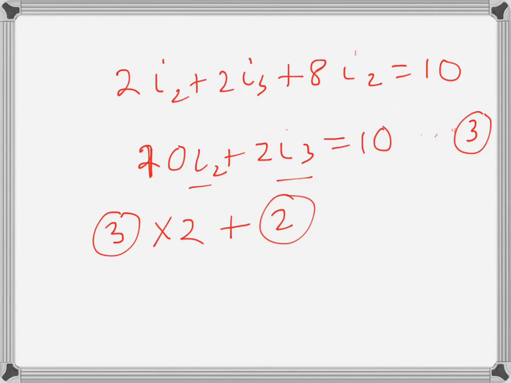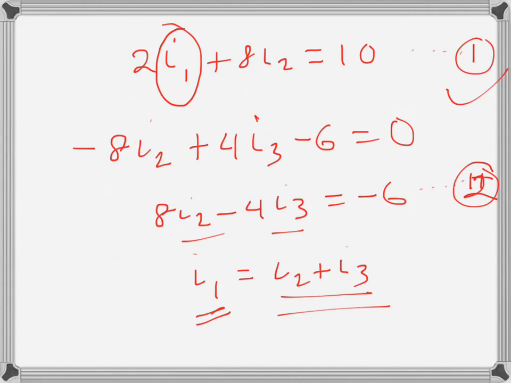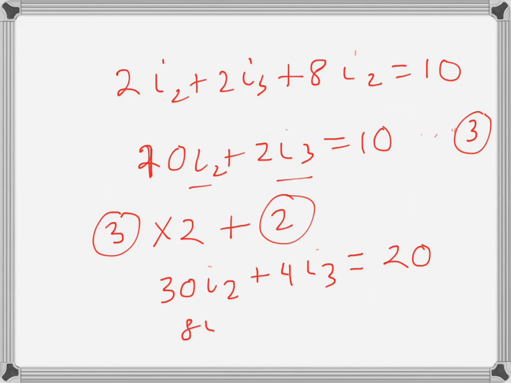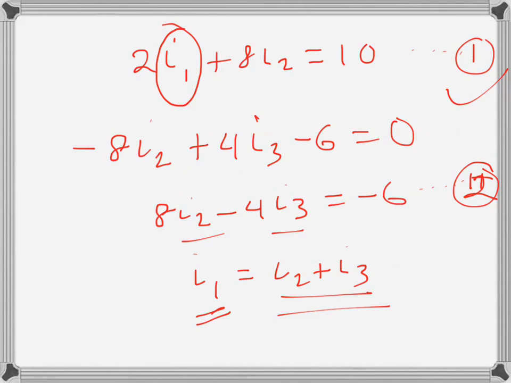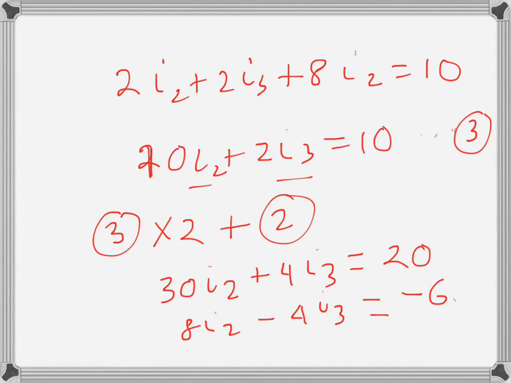So this is 20I2 plus 4I3 equals to 20, and this one here is 8I2 minus 4I3 equals to minus 6. Sorry, this one becomes 20 actually, because this is 10 here multiplied by 2, 20.